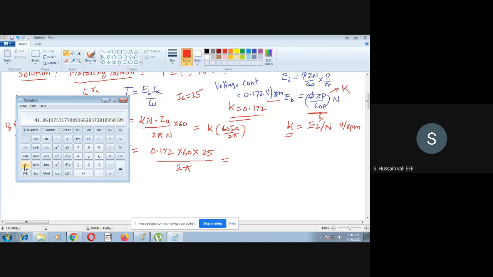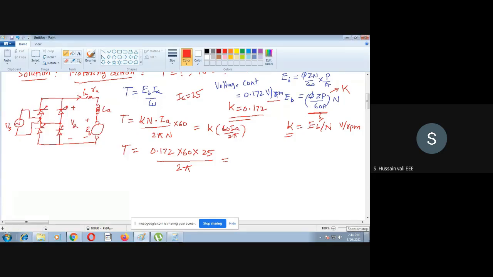So 41.06. This is the value of torque you got, 41.06 Newton meter.